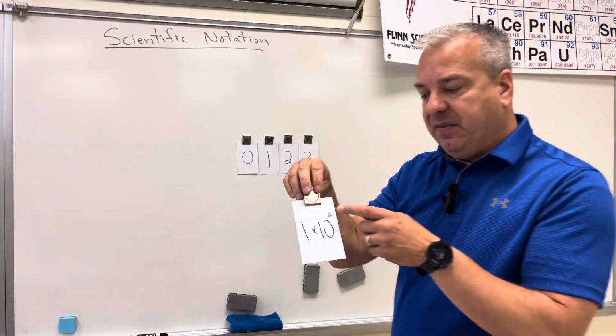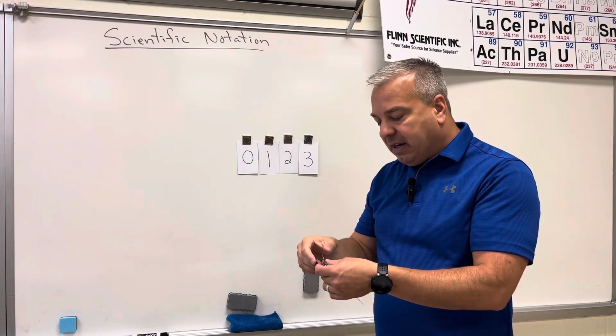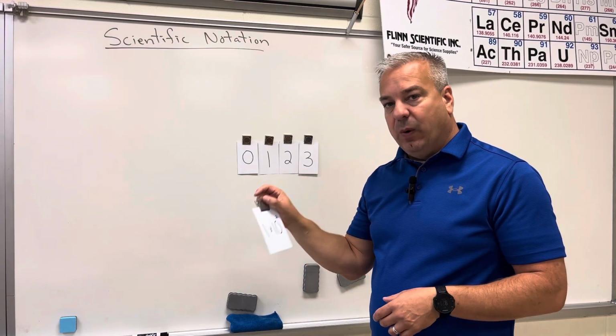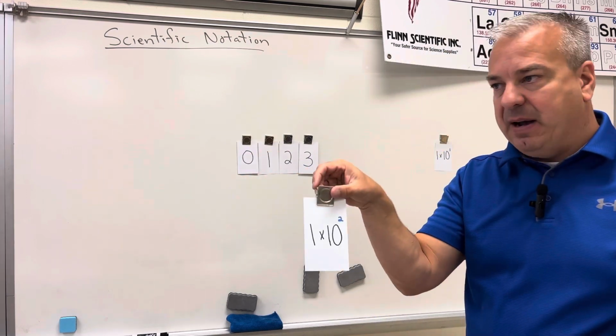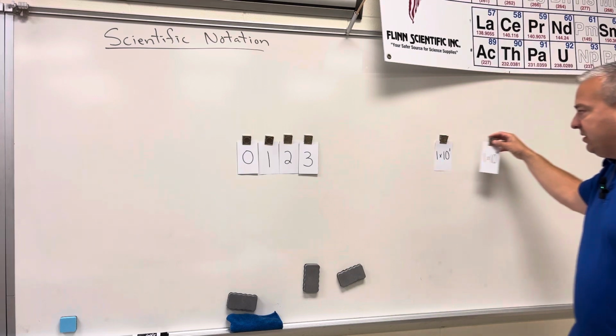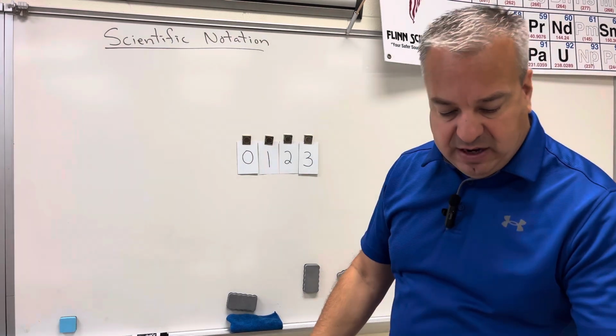Now remember, that's going up to the second power, so it's exponential. Sometimes my students think that this is actually 20, but hopefully you know that 1 times 10 to the second power is going to be 100. So this is going to go off of our number line because that number is so large.